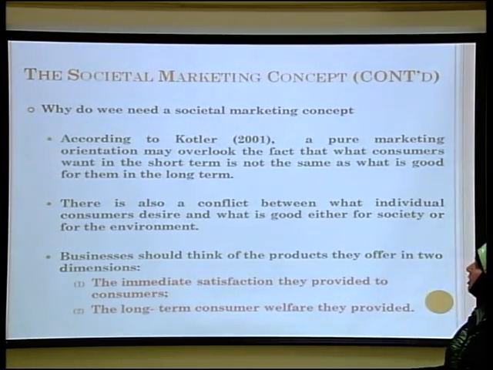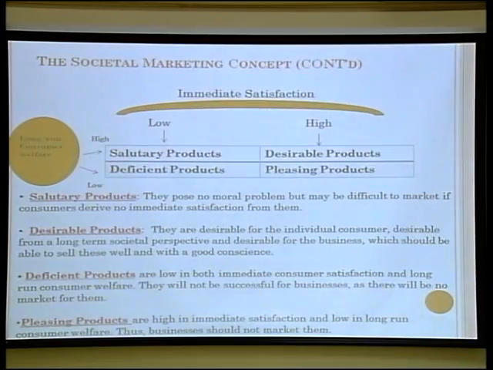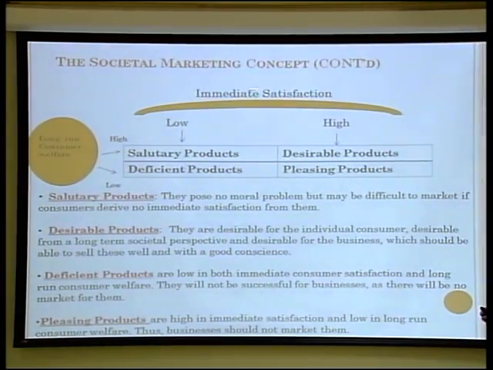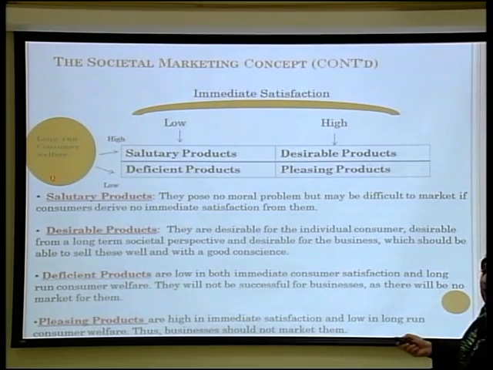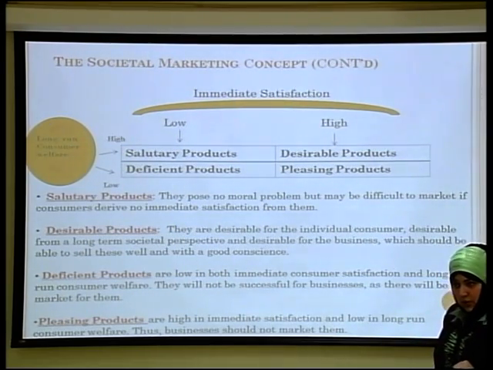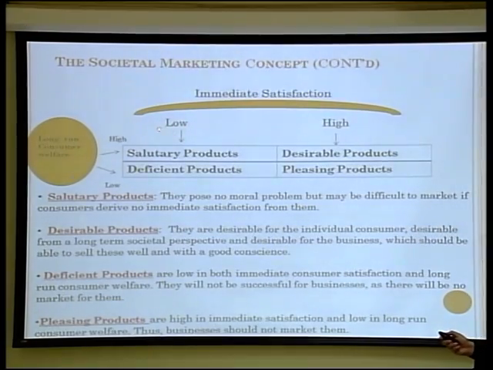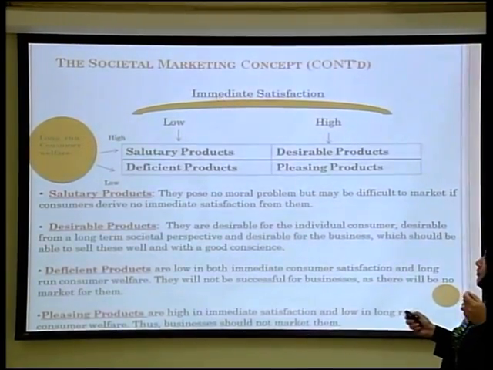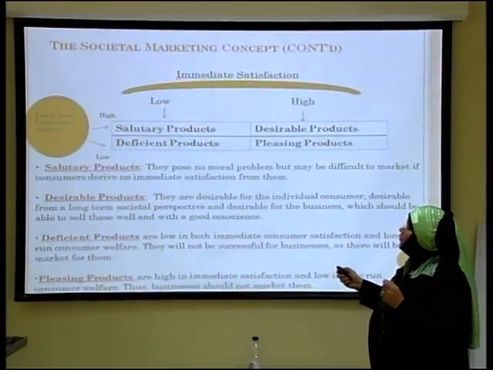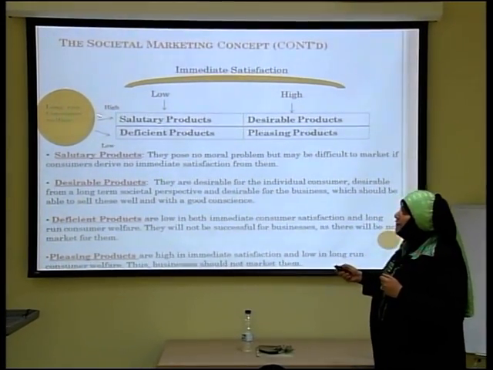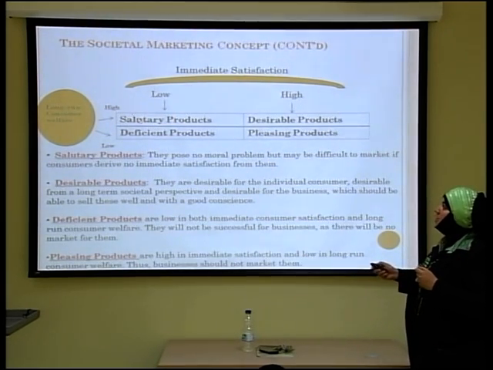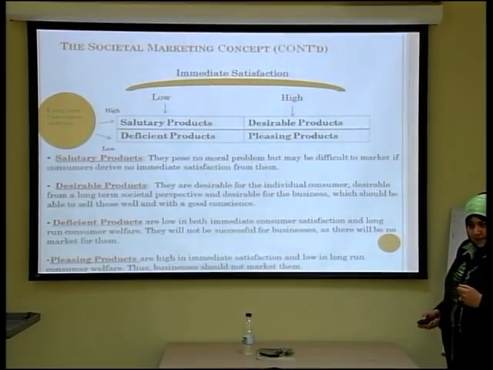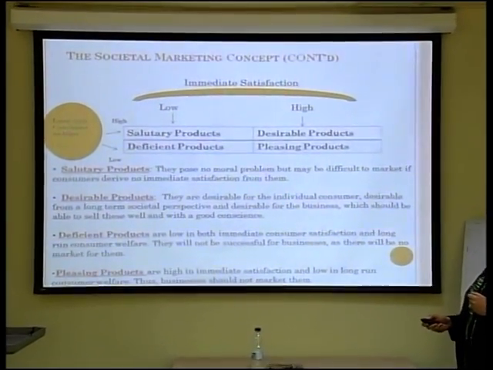These are the two dimensions we should think of as businesses when we offer new products. And here, look at this matrix. Here we have the immediate satisfaction horizontally, and here we have the long-run or long-term consumer welfare vertically. When the product provides the customer with a low level of immediate satisfaction and a high level of long-run welfare, the product is called a salutary product.